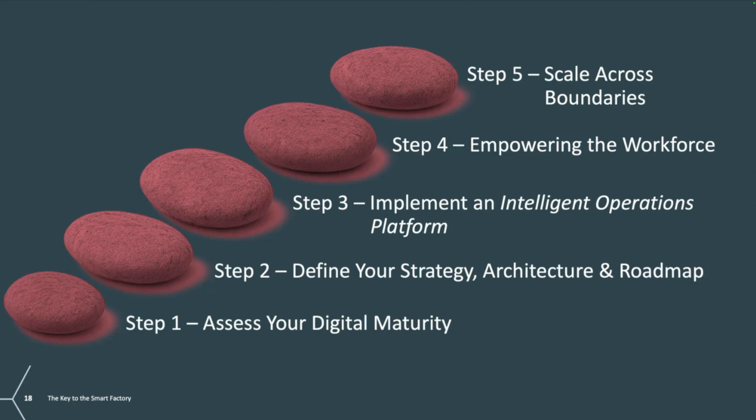And then implement an intelligent operations platform in order to facilitate that change for the people working on the shop floor and in management positions. Give them the right information at the right time at hand in order to make a decision. So empower your workforce. And then at the end of the day, scale across the boundaries of one site and implement that in your entire manufacturing network.